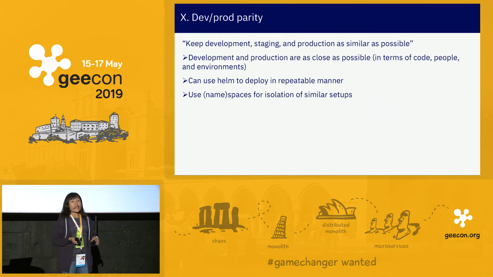The next one is dev-prod parity. Basically, we are saying that when you do the development, you should use the same team to operate it as well. So now we do everything: we do the development, we test, and then we put it in production. We also keep the environment the same. How many of you use Docker?